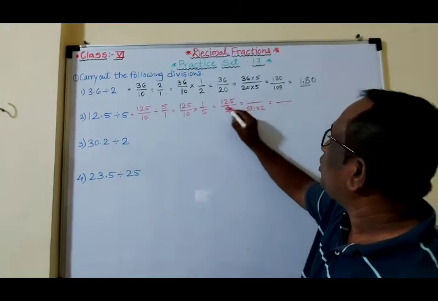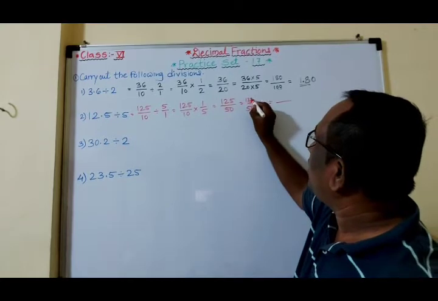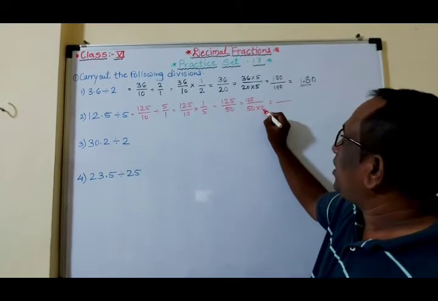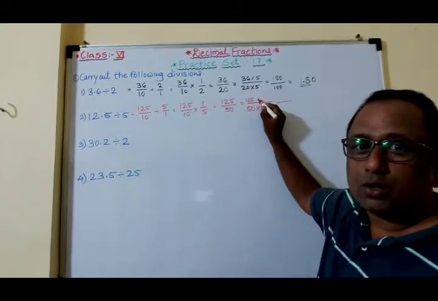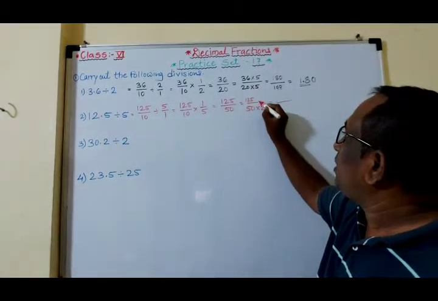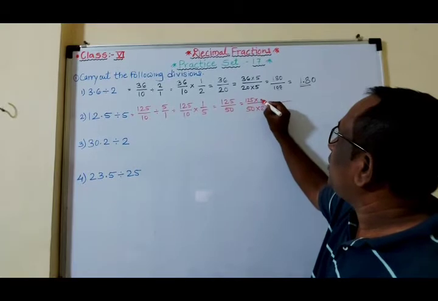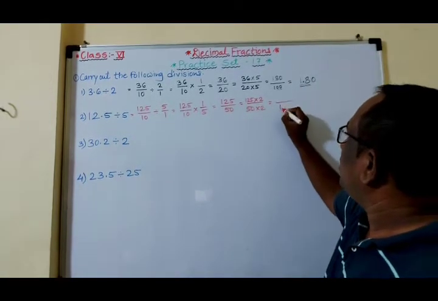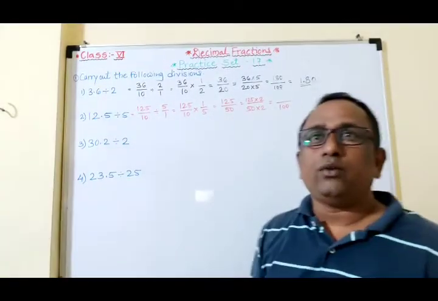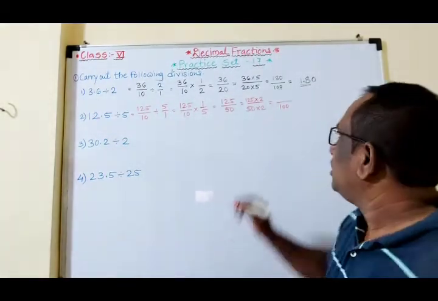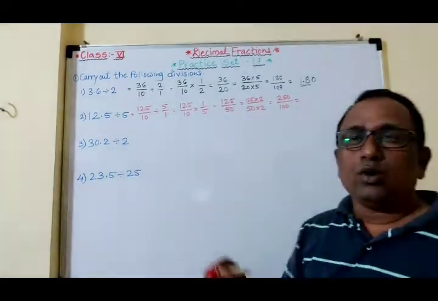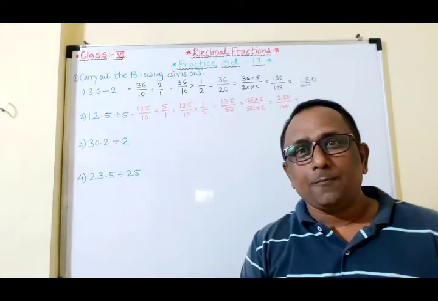So 50 multiplied by 2, and the numerator is 125. Okay. So if we multiply denominator by a number, same number we have to multiply the numerator. So here 50 multiplied by 2, so 125 multiplied by 2. So 50 twos are 100, and 125 multiplied by 2 means 250. Okay. Now we got the fraction 250 upon 100.